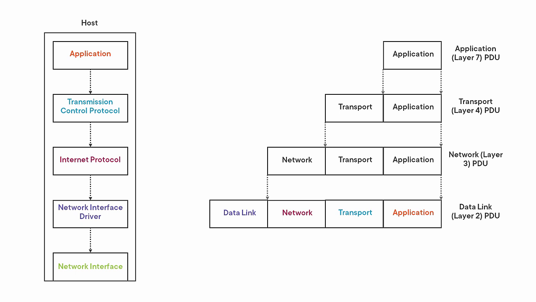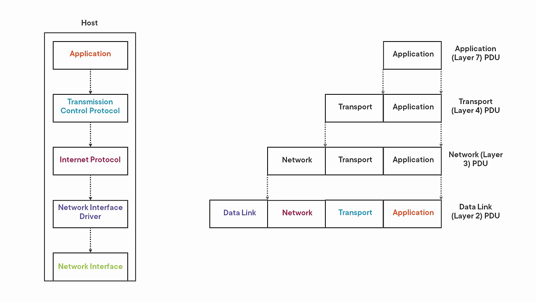The NIC driver then encapsulates the IP packet inside of an Ethernet frame. So far, everything that has happened has been in software. It's all virtual. This encapsulation process is literally just appending more data onto existing data.